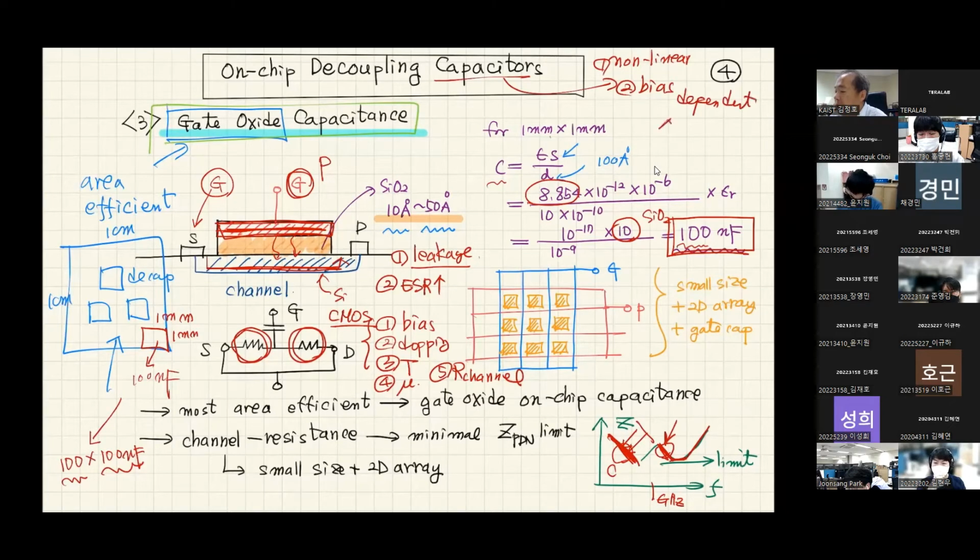You remember in the CMOS class, depending on bias, capacitance changes, depending on depletion and accumulation. And in addition to that, more important is that it has channel resistance. It depends on bias, temperature, doping, and mobilities, and there are so many factors. Because of that, you have higher ESR.